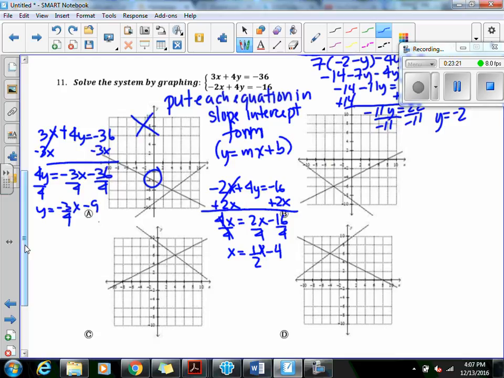All right, that's a positive 4 and a positive 9, so it's not that one. But this y-intercept, oh, that's negative 9, and that's negative 4. That's what I want. Okay, so choice B was the correct answer for that problem, right?